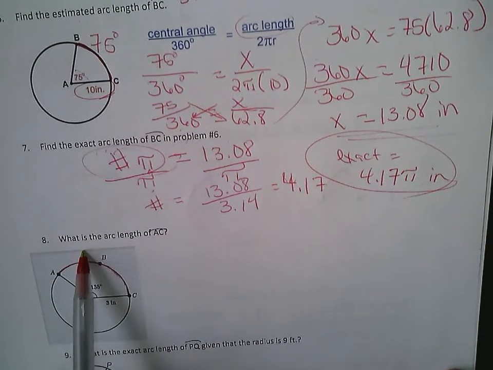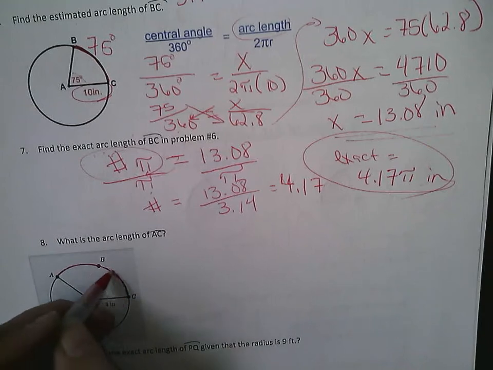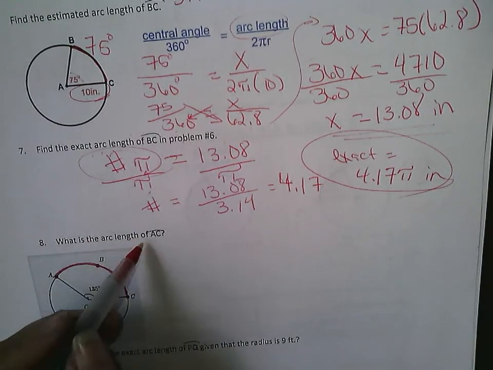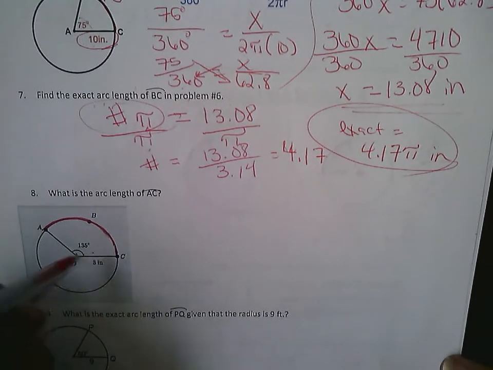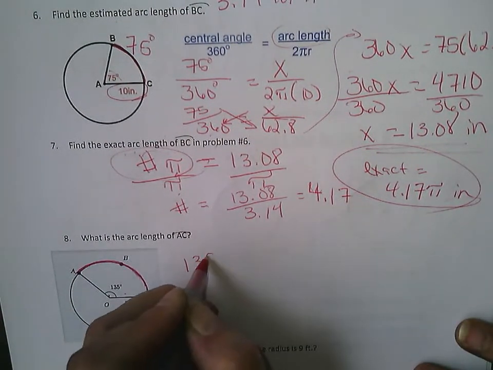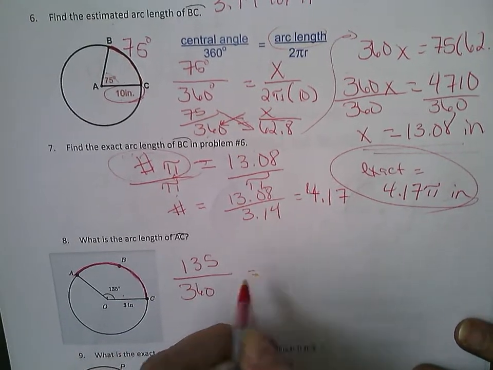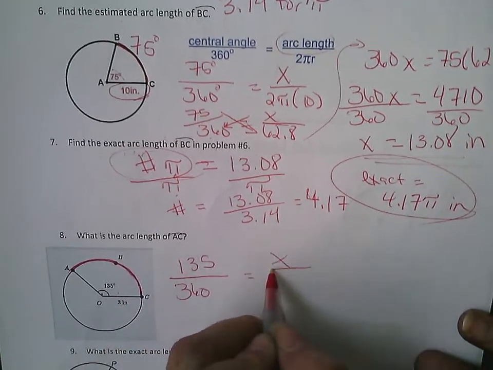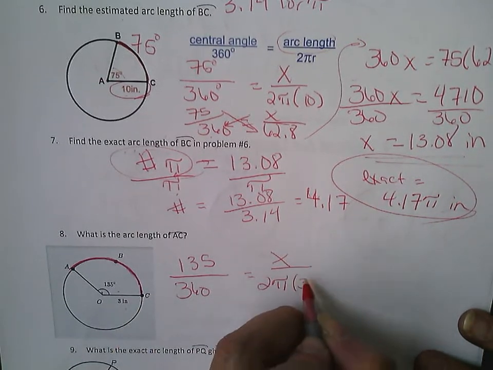Looking at the arc length here, we're looking for this section. Now, don't be fooled because of the B in there, we're just looking at the two endpoints, and again, it's a minor arc. So putting in here, we have 135 divided by 360 is equal to x over 2 pi times our radius, which is 3.